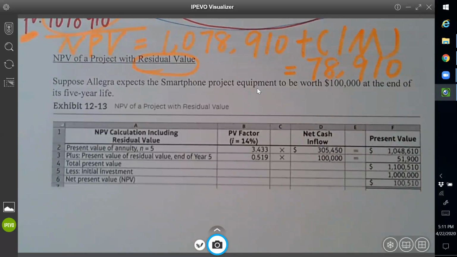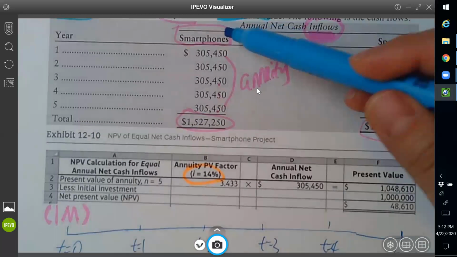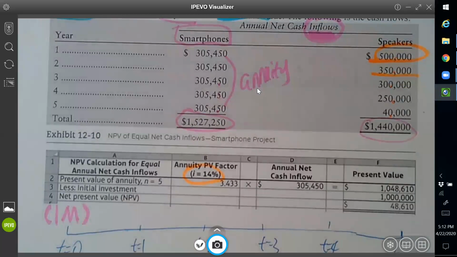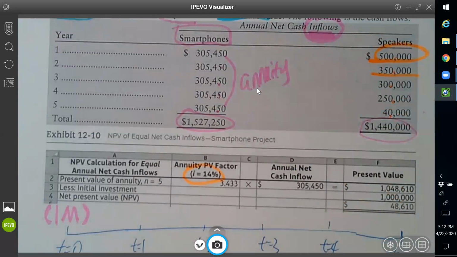What's the meaning? If there is no residual, let's say when you put in the smartphone, you first put in $1 million, then every year you generate the cash inflow. At the end of the 5th year, you cannot sell, like if you bought equipment or land, there is no value for that land or equipment.